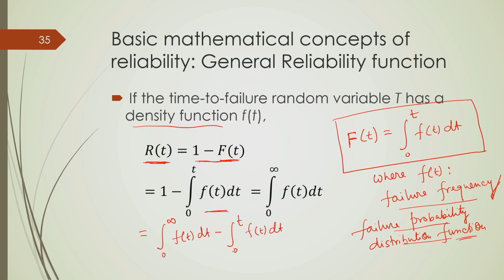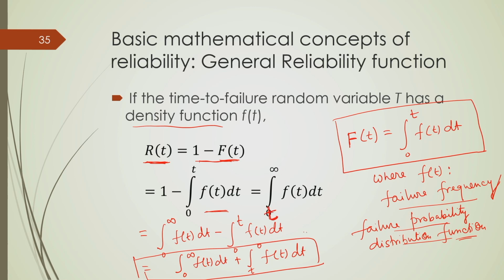Now, if we change the limit, we can write it as the integral from 0 to t of f(t) dt plus the integral from t to infinity of f(t) dt. Okay. Now, there is a mistake over here: R(t) is equal to the integration from t to infinity of f(t) dt.